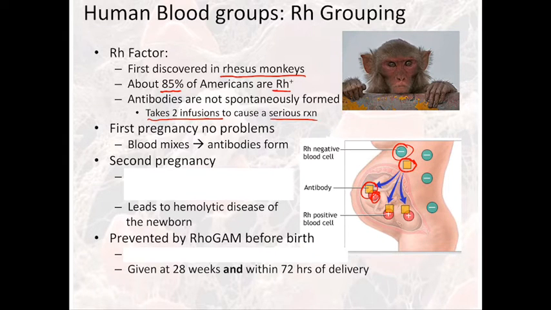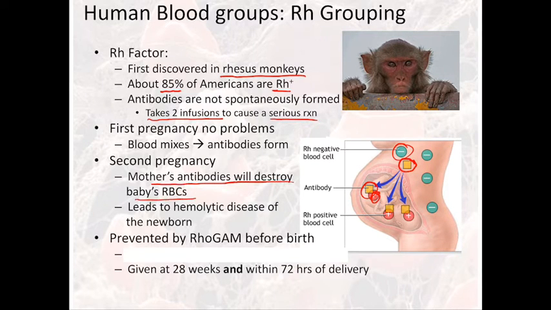So the mom hasn't really generated antibodies yet against the RH antigen, but then during that delivery process, lots of blood mixing occurs. That causes mom to generate antibodies against the RH. So then during the second pregnancy, if the baby again is Rh positive, then the mother's antibodies will destroy the baby's red blood cells.